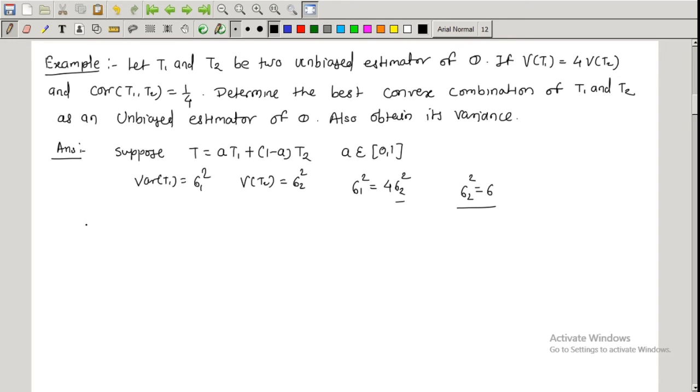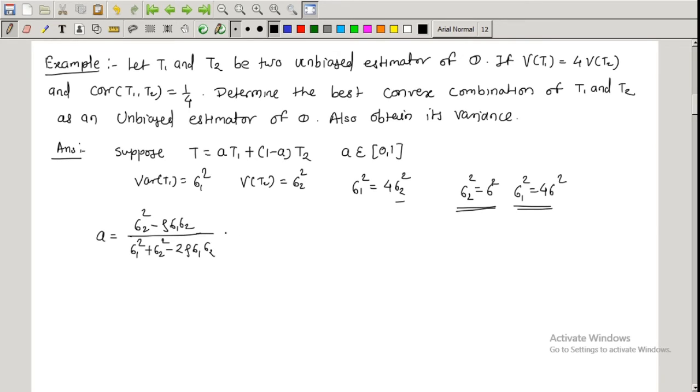Then A has the formula. By default, if we take sigma 2 square as sigma square, what will we get? Sigma 1 square as 4 sigma square, correct? So I replace the formula for A as sigma 2 square minus rho into sigma 1 sigma 2 divided by sigma 1 square plus sigma 2 square minus 2 times rho sigma 1 sigma 2.